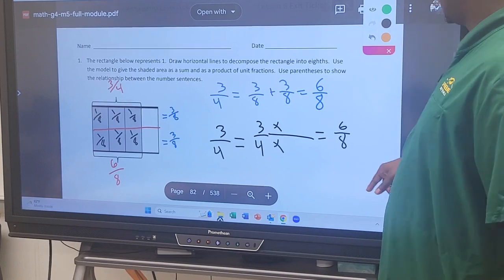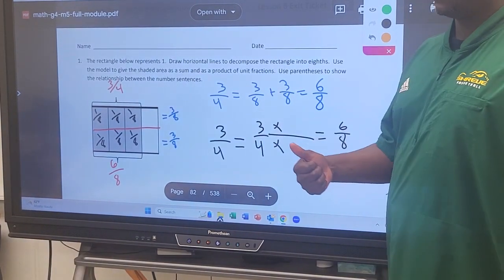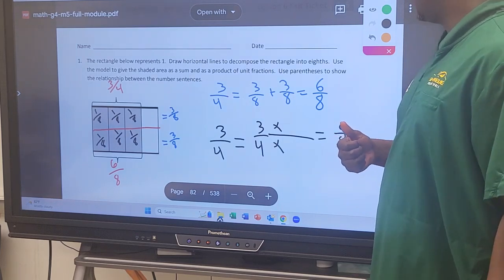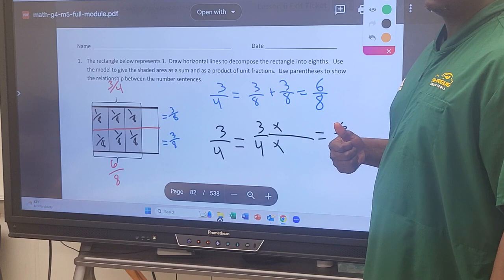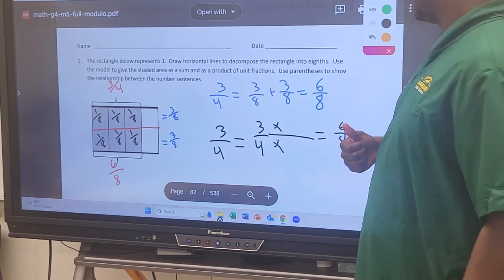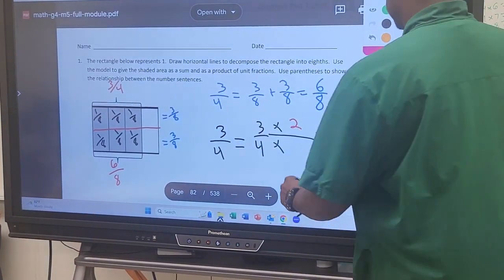Now, 3 times what number gives me 6? 3 times 0 is 0. 3 times 1 is 3. 3 times 2 is 6. So whatever I do to the numerator, I have to do to the denominator.